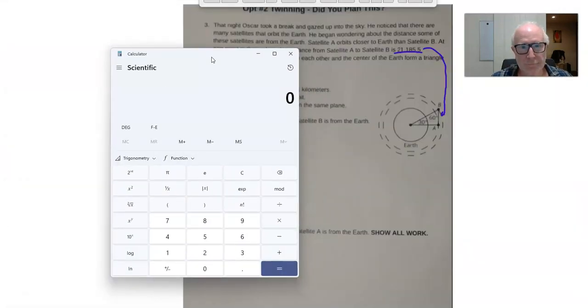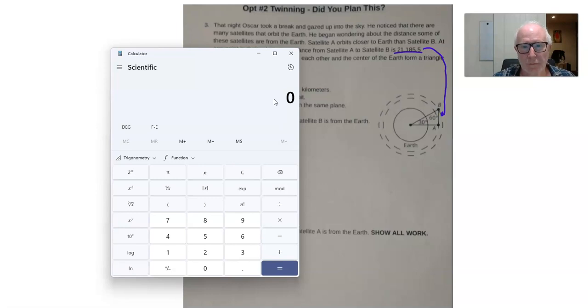So if we take a calculator and multiply 21,185.5 times 2, we get 42,371. So this side is 42,371.